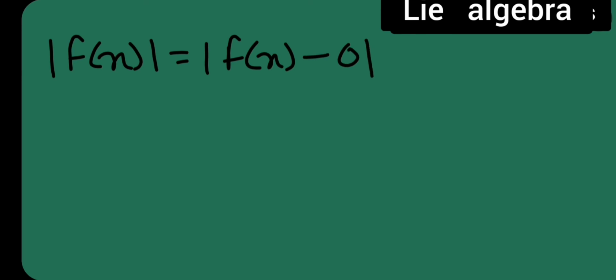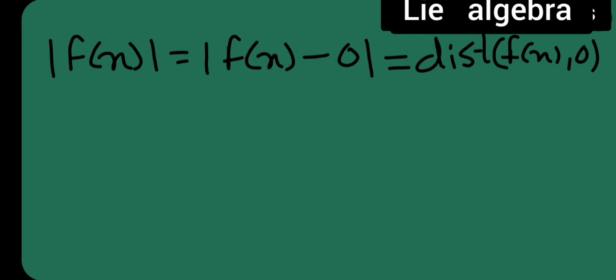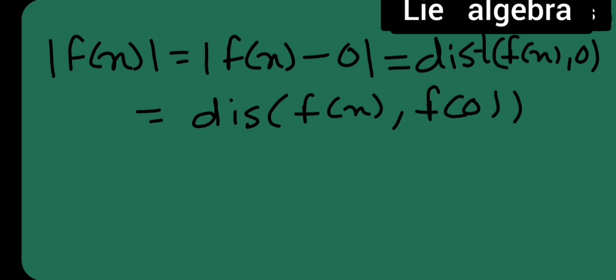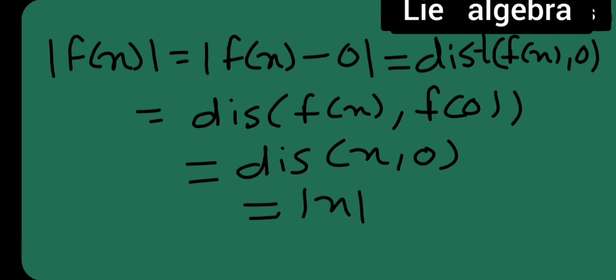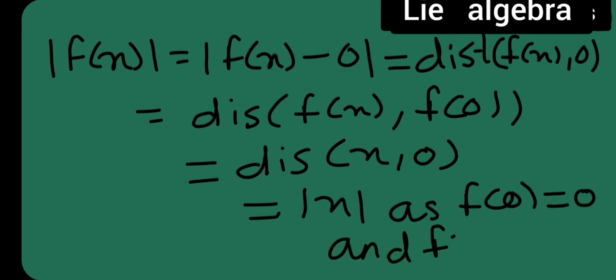Now this is the distance of f of x comma 0, which is the distance of f of x comma f of 0. So this I will write as the distance of x comma 0, and this is nothing but the modulus of x, as f of 0 is equal to 0 and f is an isometry.